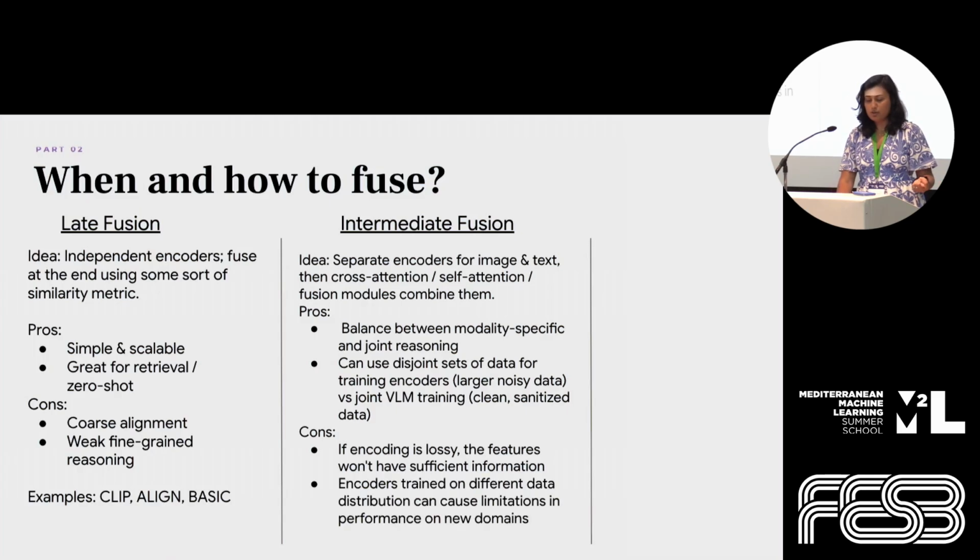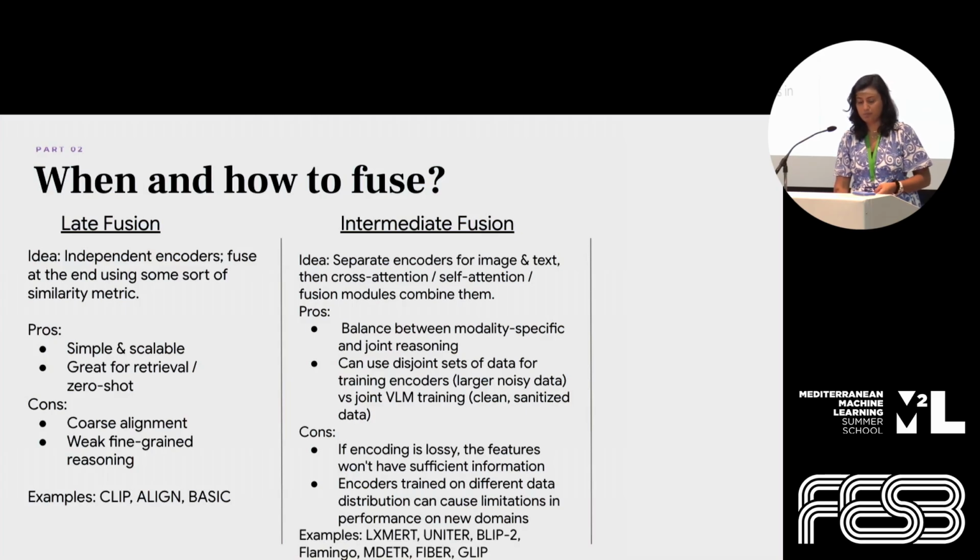And then encoders train on different data distributions. This is also a negative because, for example, if your goal is to train the end system on medical data, which I think a lot of you are, and your vision encoder wasn't pre-trained on it, then you're going to have problems unless you have enough pair data later. It's easier to find large scale unimodal data than pair data, so that's another reason to do it.